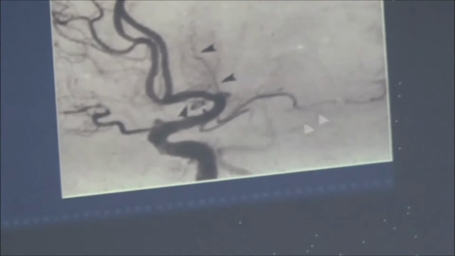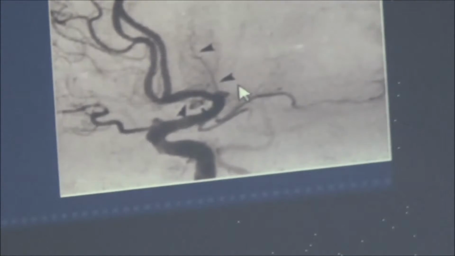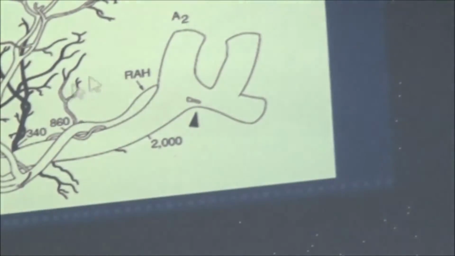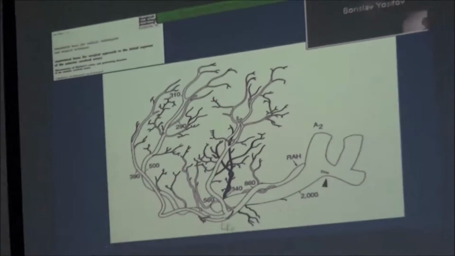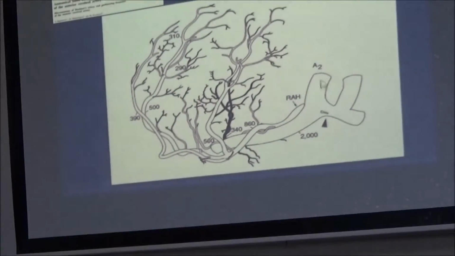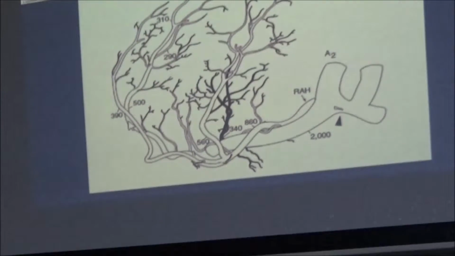Because otherwise, in a lateral portion, you see all the vessels in the middle cerebral arteries here. And because this patient had an infarction and they did an angiography, you can see these beautiful vessels from the lateral side. Now, the lenticulostriates, this is the recurrent artery of Heubner. This is the A2 segment. This is a fenestrated ACOM variant.